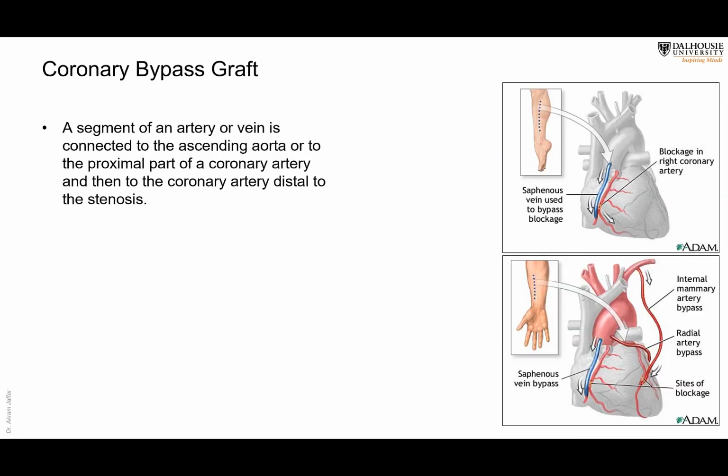When these vessels become narrow, they will not be able to supply the heart with blood, and this will result in what we call ischemic heart disease, either angina pectoris, which is a transient reduction in the blood supply of the heart, or myocardial infarction, where infarction means there is ischemia that results in death of myocardium.